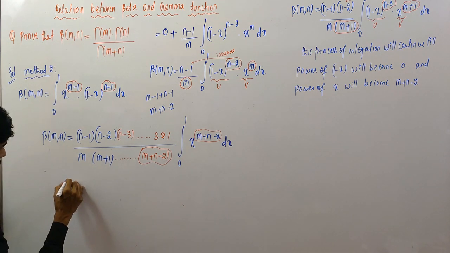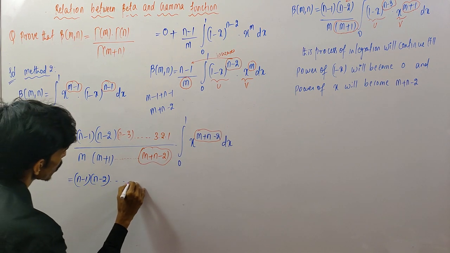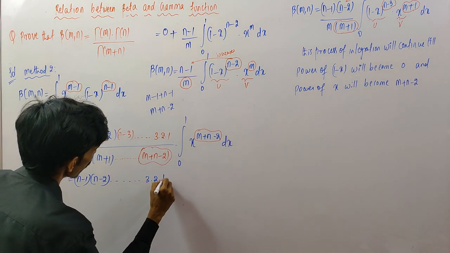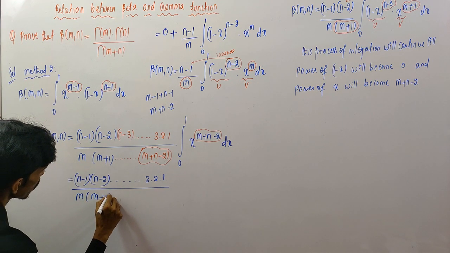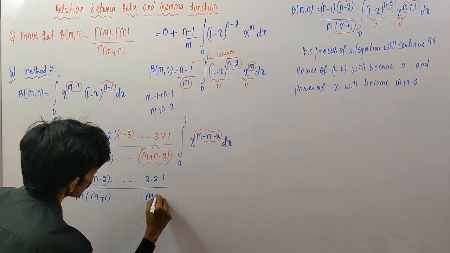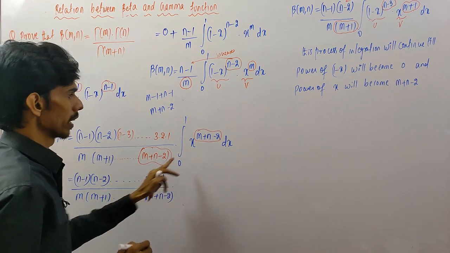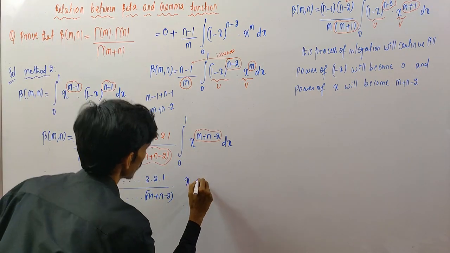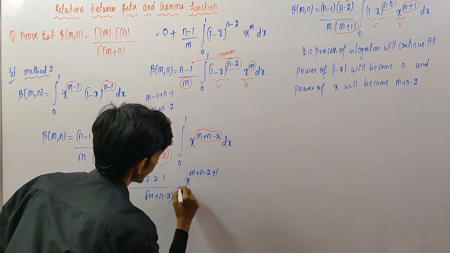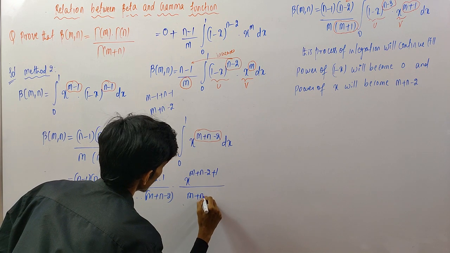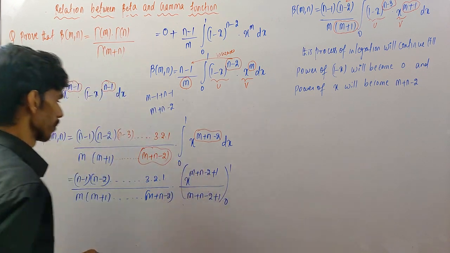Now this can be written as n minus 1, n minus 2, and so on up to 3, 2, 1 divided by m into m plus 1 up to so on m plus n minus 2. Integration of this x will become x power of m plus n minus 2 plus 1 divided by m plus n minus 2 plus 1, limit 0 to 1.